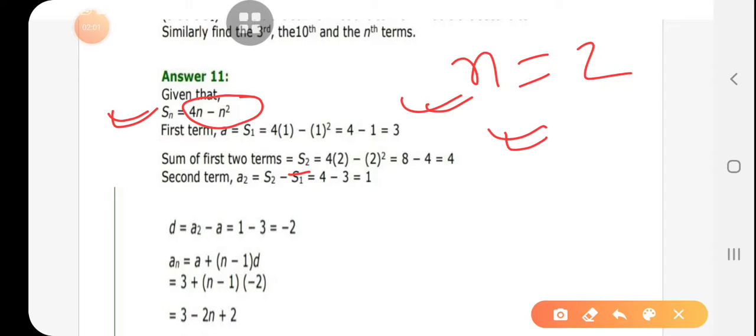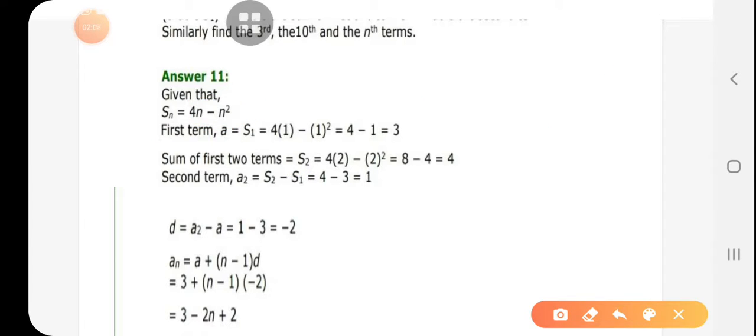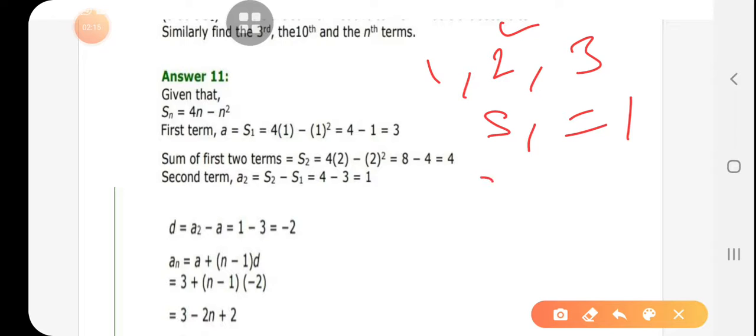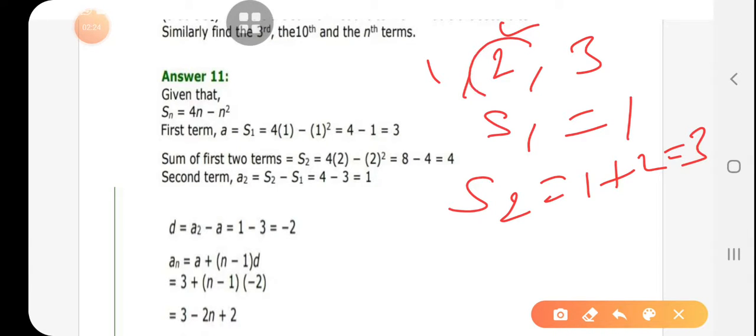Now we have to find the second term. Let me give one other example. Look here, 1 2 3, this is the series. Here S1 is equal to 1. Now this is the second term, so the sum of two terms will be 1 plus 2, that is 3. So how can we find the second term?